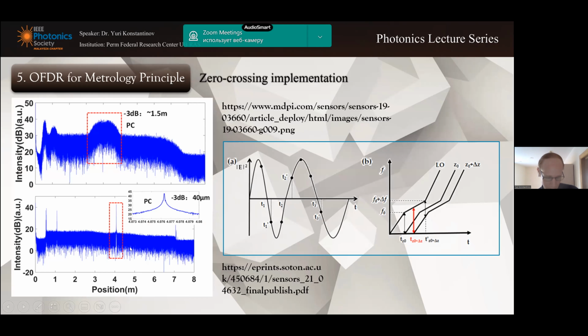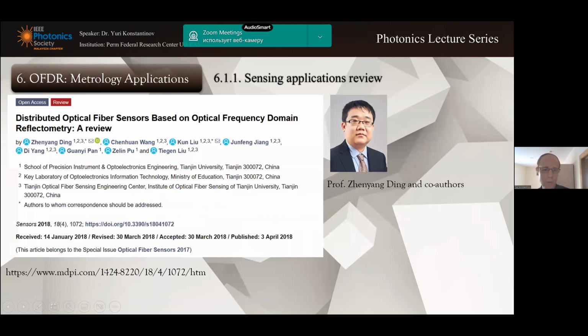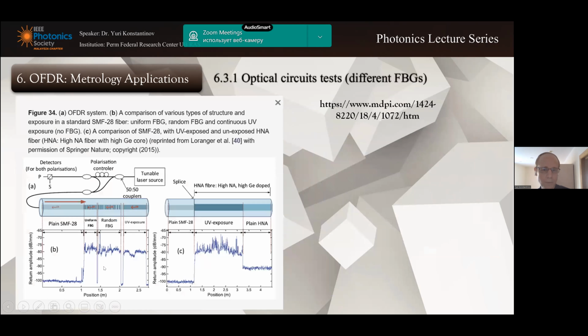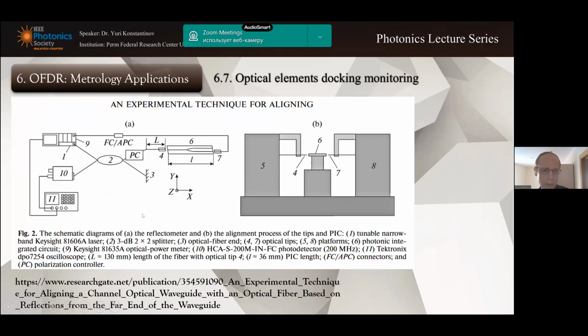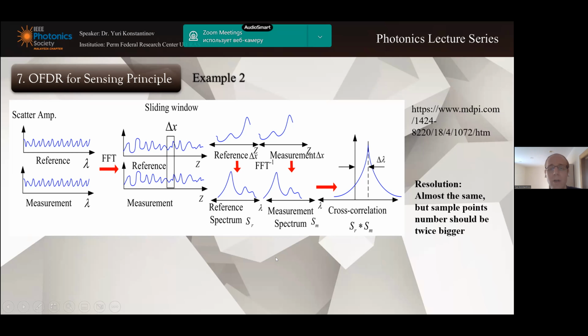But if we need to do the sensing measurement, I will show you the best way. It was described in the patent of Luna Technologies, but Luna used the separation of temperature and strain. And here is the simplified diagram of data processing. They apply a fast Fourier transform. They have a sliding window.